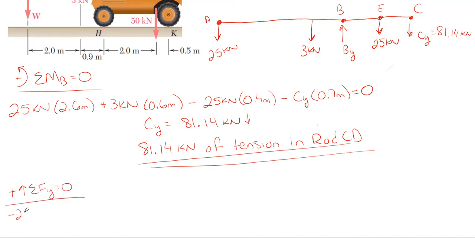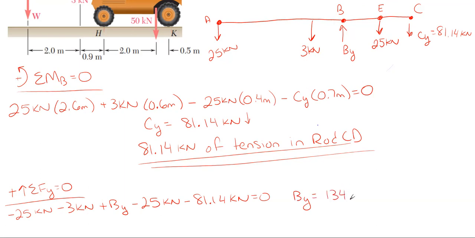So we would have minus 25 kilonewtons of force, minus the 3 kilonewtons of force, plus B sub y going upward, minus 25 kilonewtons of force, minus 81.14 kilonewtons of force, equal to 0. So B sub y has to resist everything that is being applied here. B sub y would end up to be 134.14 kilonewtons of force in the upward direction.